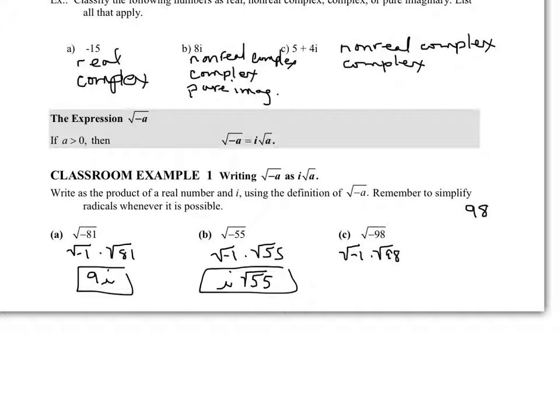So the smallest prime number is 2, and it is the only even number that is prime. After 2, we would have 3, and then 5, and then 7. Now don't say 9, because 9 is also divisible by 3, so it's not prime, but 11, 13, 17, and so on.